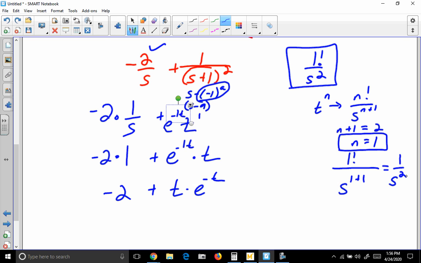So 1 over s squared transforms back to t to the n, where n is 1. So if we have a number factorial on top, s to that same number plus 1, that transforms back to t to whatever that number is. So t to the first.